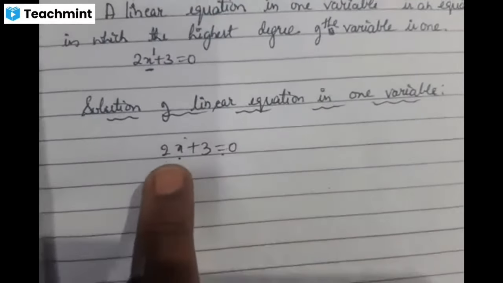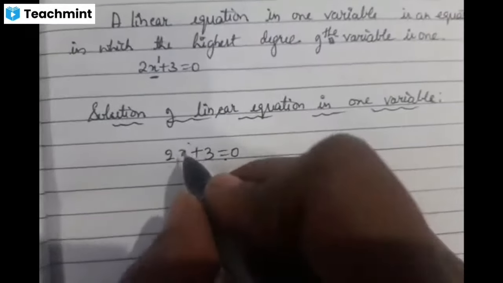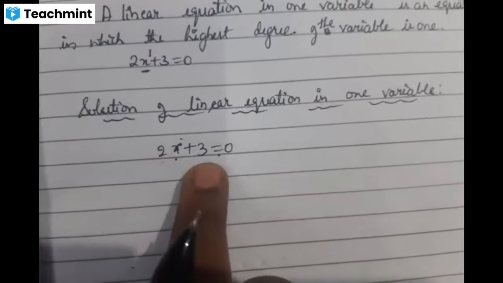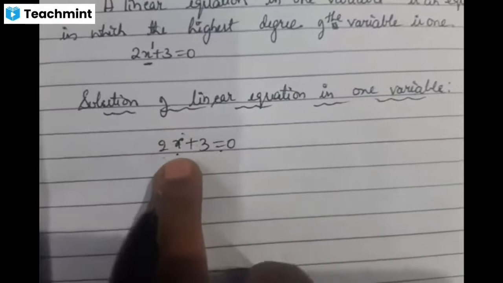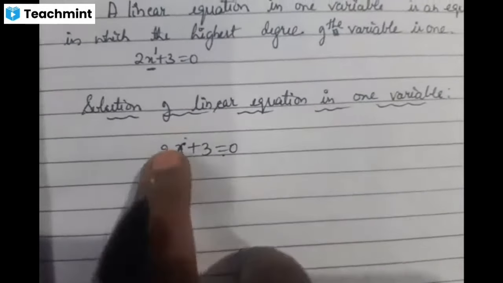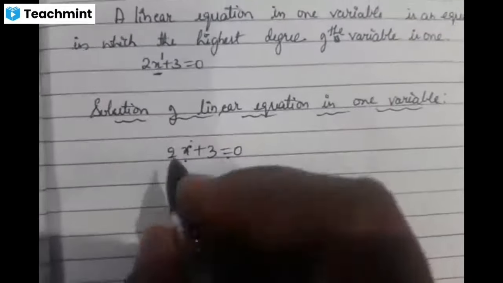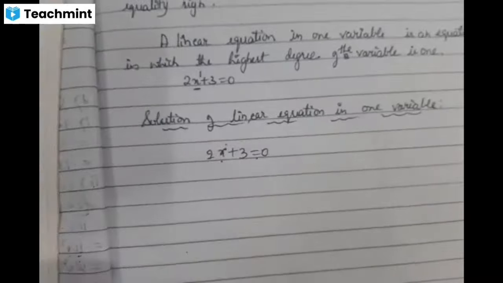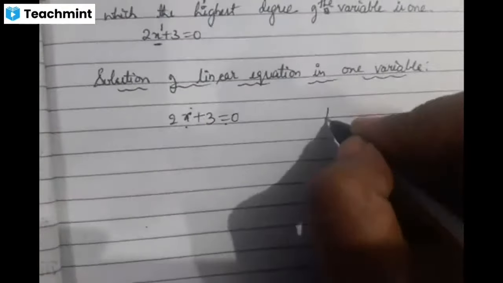Finding the value of the unknown term. Here, the unknown term means the variable. Which is the unknown term in 2x plus 3 is equal to 0? x. We have to find the value of x. Finding the value of x is nothing but solving the linear equation. Now, to solve this equation, we are going to use some steps, children, and that is called transposition.